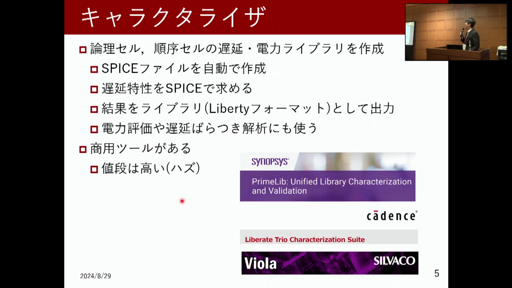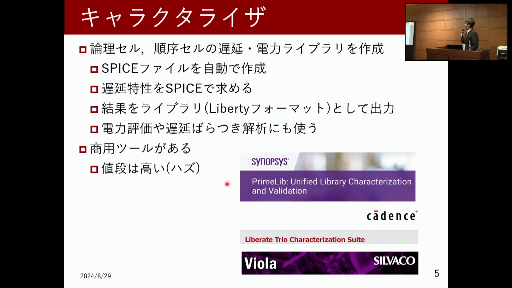The characterizer extracts the delay and power of combinational cells and sequential cells. To do this, the characterizer generates input for the SPICE simulator. It generates a SPICE file, launches SPICE, extracts the results, accumulates them, and generates a Liberty file.